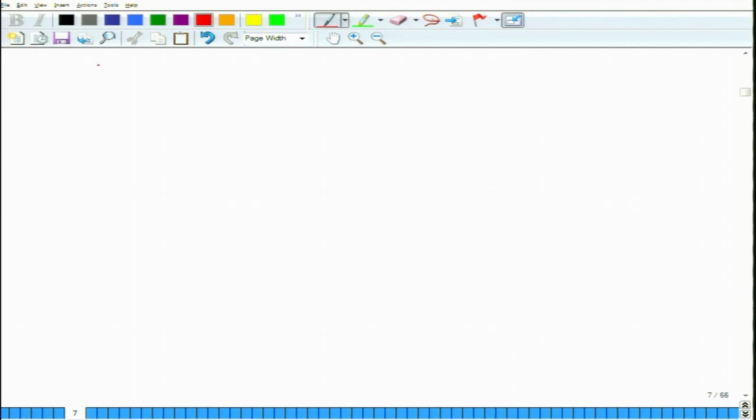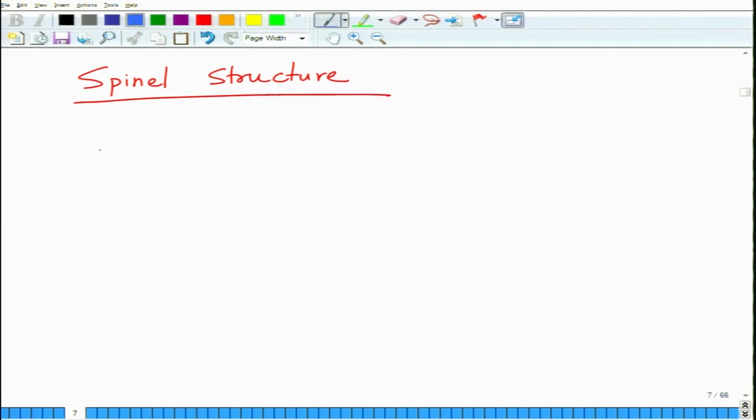which is called as Spinel structure. Spinel is a compound which has a formula AB2O4. Okay.